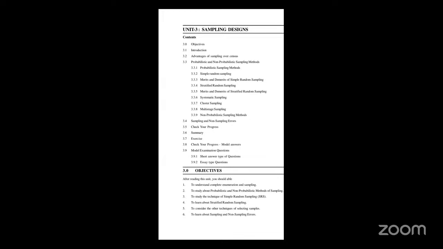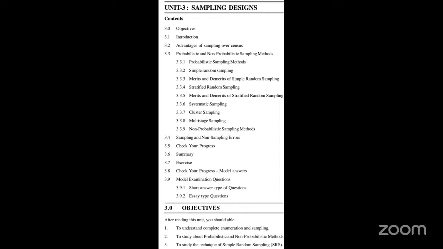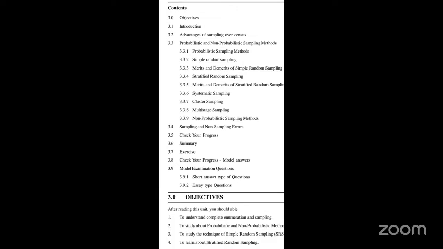And sampling design, what does it mean? In sampling design we have the advantages of sampling, sampling error, probabilistic and non-probabilistic sampling methods, simple random sampling, its merits and demerits, stratified random sampling, its merits and demerits, systematic sampling, cluster sampling, multi-stage sampling, and non-probabilistic sampling methods.